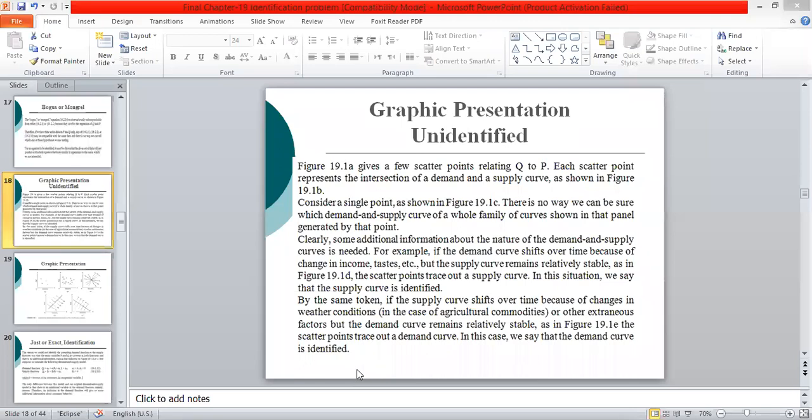With the change in the taste and the income of the consumer, the demand curve is going to shift outward or leftward. It depends on whether the income is increasing or decreasing.